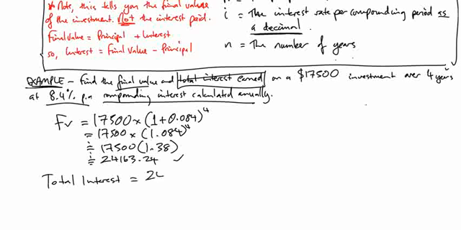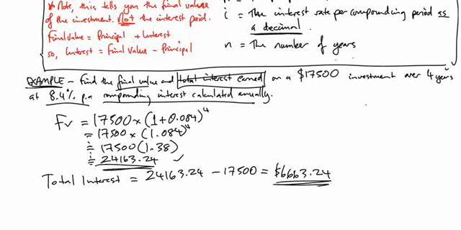Well, 24163.24 minus 17,500 equals... Actually, I should just remember that from the last time, but I don't. 6663.24 total interest. Okay, so you've answered both aspects of that question. Forgot to put the dollar sign there.